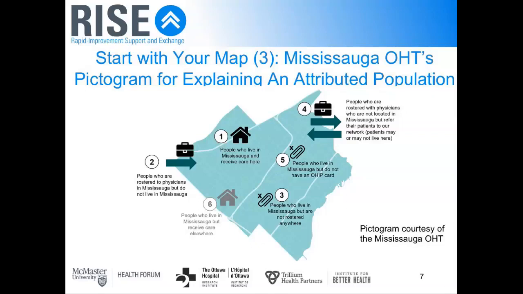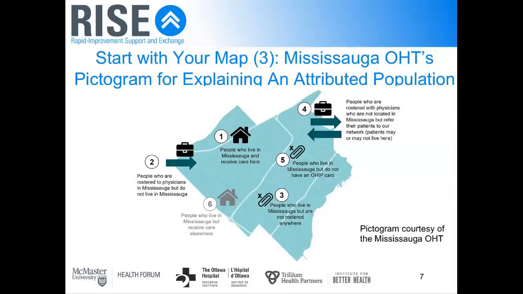So as the Mississauga Ontario Health Team is trying to understand its service perspective for the attributed population, it used this diagram, which I thought was actually fairly helpful. If you look at the different segments of the population here, you can see that the first one is the group of people who are part of the attributed population, and the attributed population here is very large.